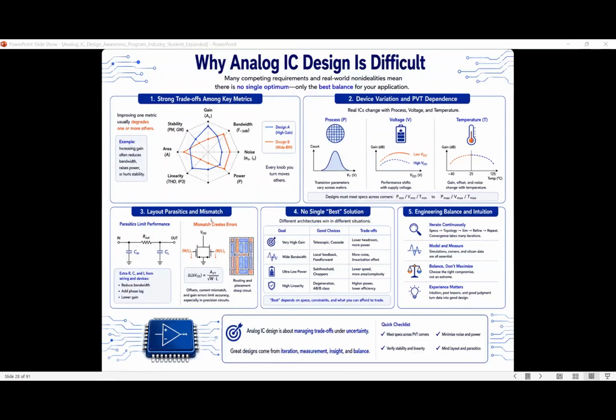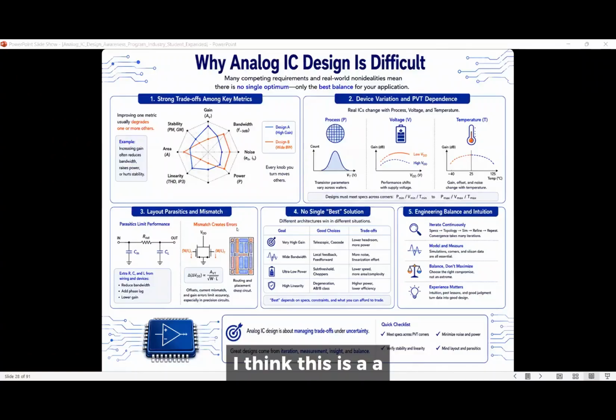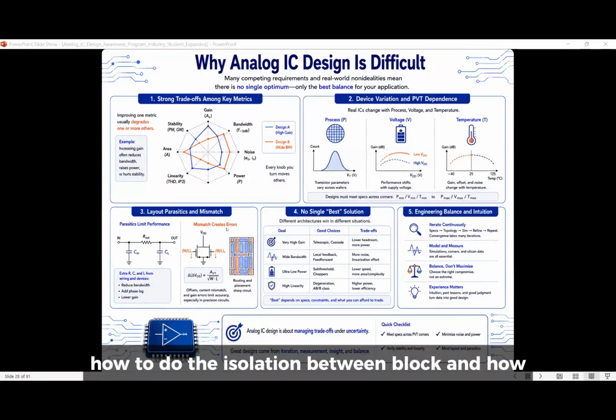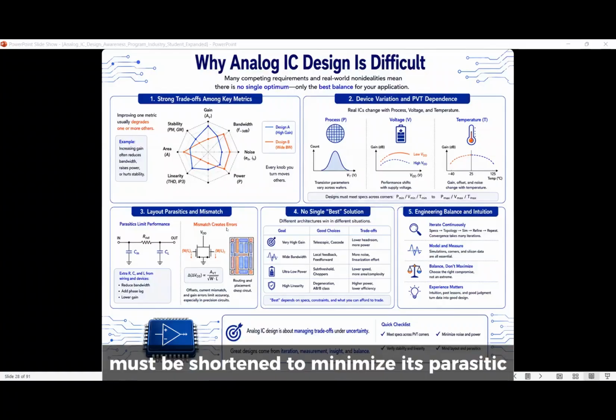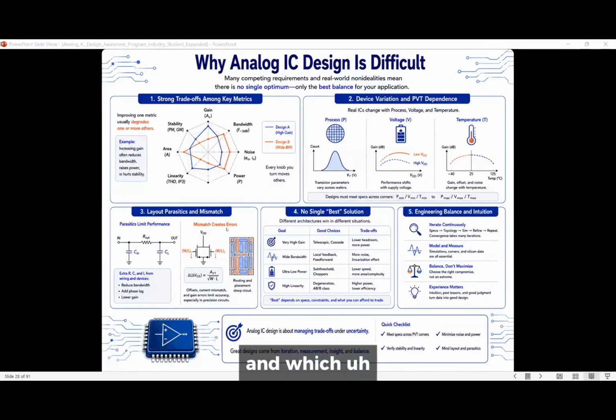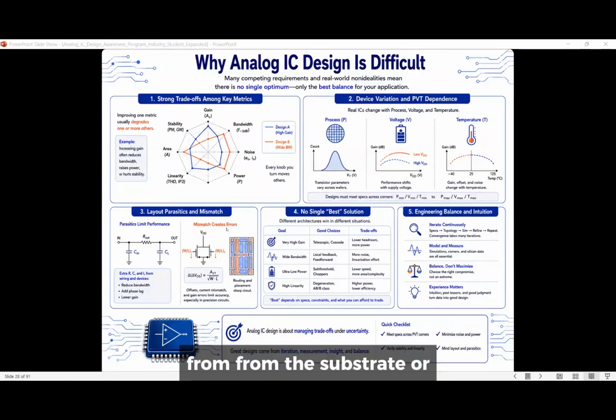Okay, layout parasitics and mismatch. I think during the interview they will ask you some questions about layout, especially how to do the matching. I think they must ask this question. How to do the matching, how to do the isolation between blocks, which trace must be shortened to minimize its parasitics, and which trace is important and must be isolated from the substrate or the outer environment.